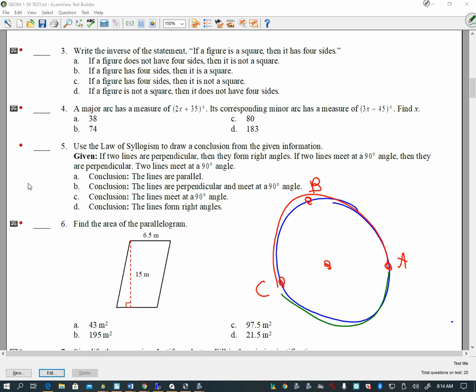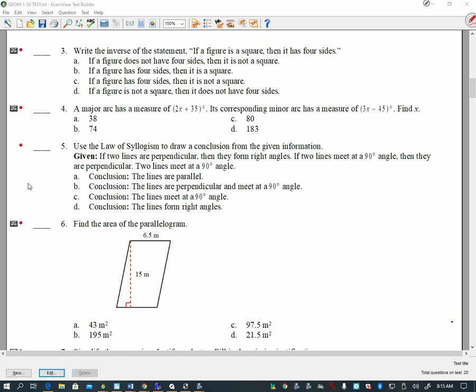Okay, so all I have to do here is what? To solve this, what do I have to do? Okay, add the minor arc to the major arc.